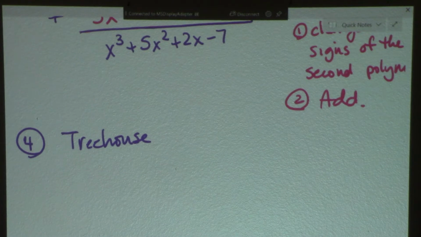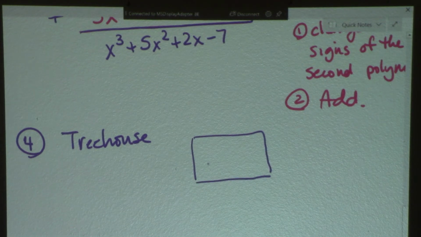It calls for a rectangular hole in the floor. Write a polynomial to express the area of the treehouse floor. So I have, here's the floor, and we want to have a hole in it like this so that you can put the ladder up and come inside, right?